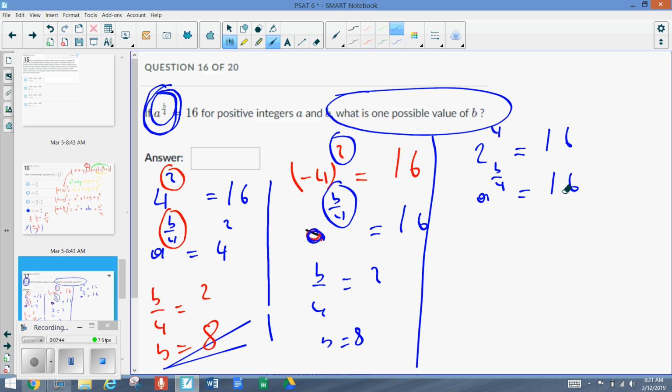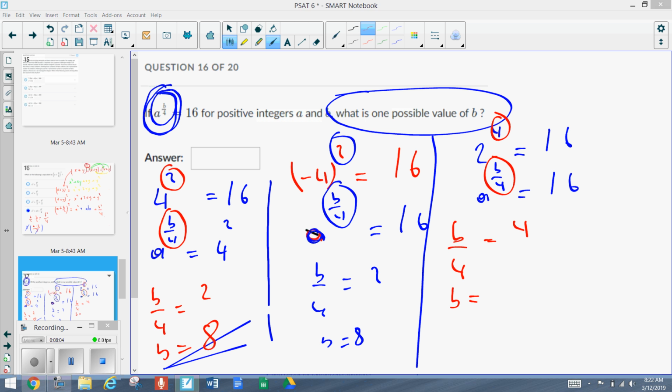From here. So if they are equal, that means 4 is equal to B over 4. B over 4 is equal to 4. B is equal to 4 times 4, 16. So those are possible answers.